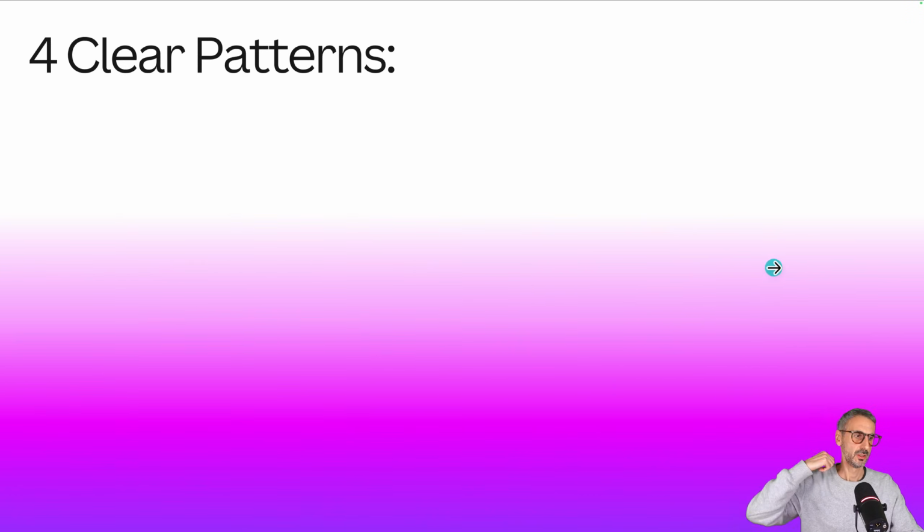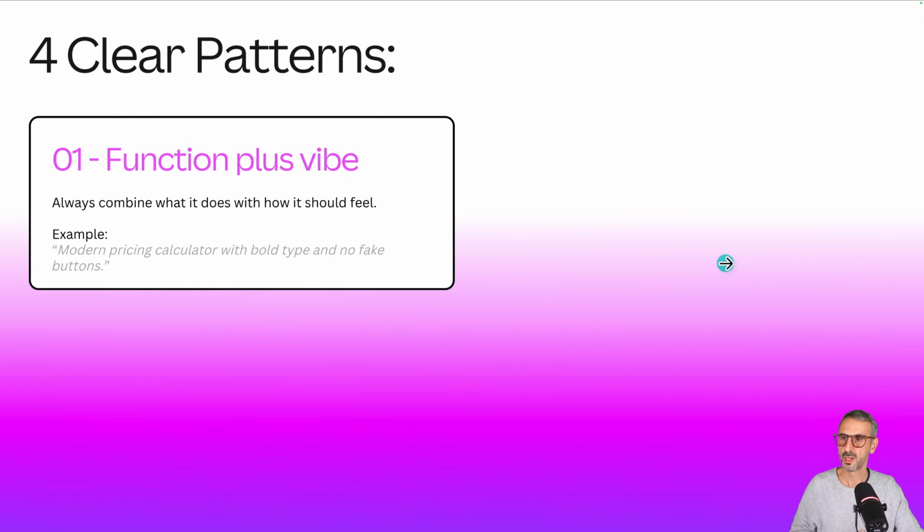So first, the patterns. We identified clear patterns by reading all of these prompts. Number 1 is that it always starts by describing what the app does, its function, and also gives me a little bit of how it feels, the vibe. So always combine what it does with how it should feel.